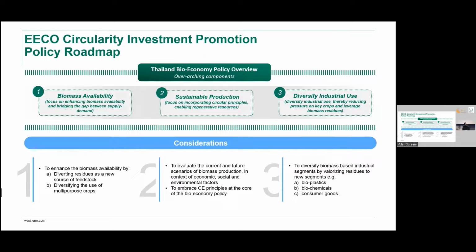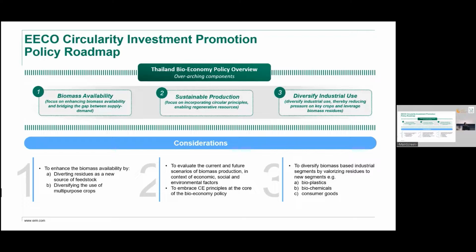Coming to the last segment of our presentation for the first segment, which was bio-based, is the policy roadmap. While there are many very effective policies in place, it is very important that we look at what we call the Thailand bioeconomy policy, which should integrate all aspects of circularity across the value chain.